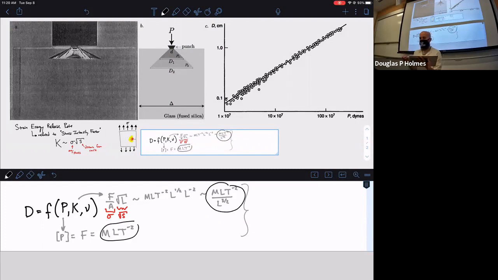The forces are going to cancel out pretty nicely, and our scaling should suggest that the width of this crack should scale as the applied load over the stress intensity factor to the 2/3. And then we're left with some unknown function. We'll call that unknown function, I don't know, let's call it phi, an unknown function of our Poisson ratio.